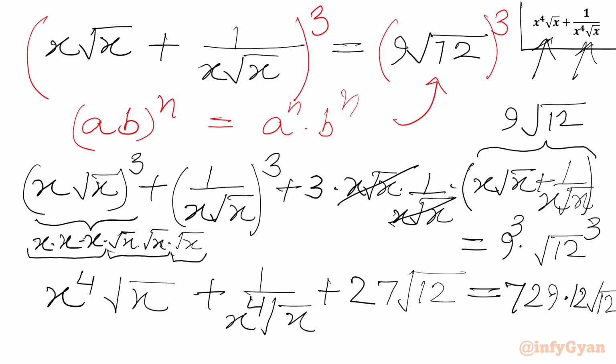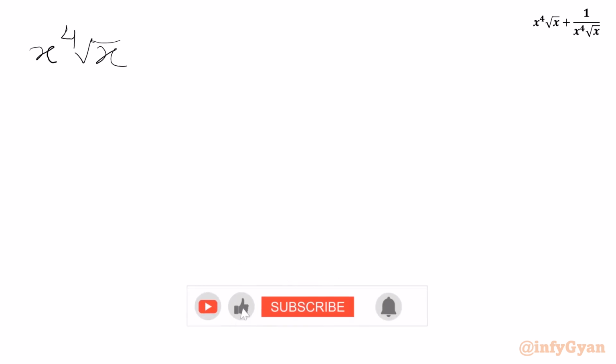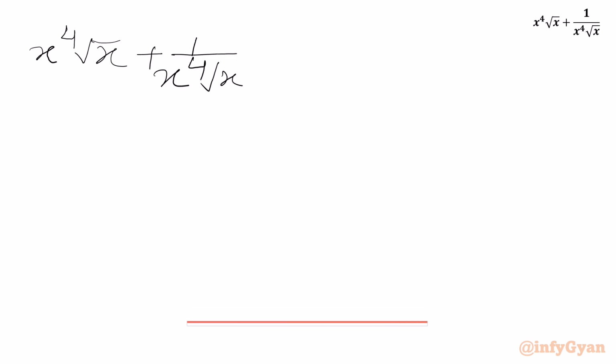Now let's subtract 27 root 12 from both the sides. So I will be writing x power 4 square root x plus 1 over x power 4 square root x.